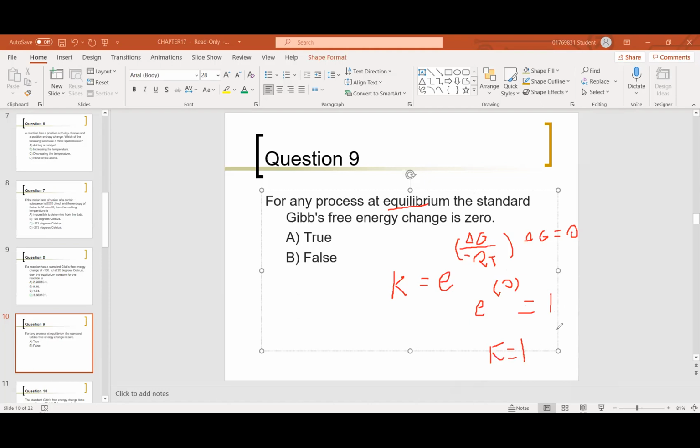Back to my notes just to make sure of that 100%. Where is it? Where do I have this? Oh, I don't have it written down. I better write that down. K less than 1, K equal to 1, K greater than 1.